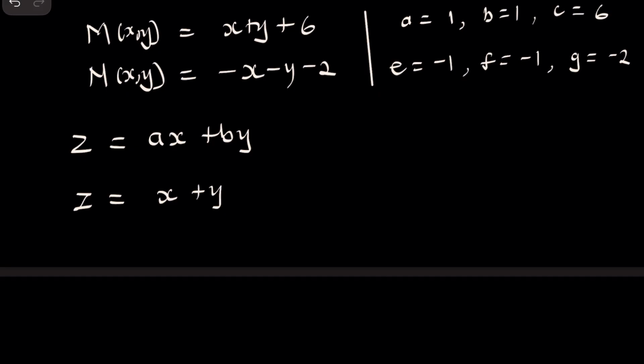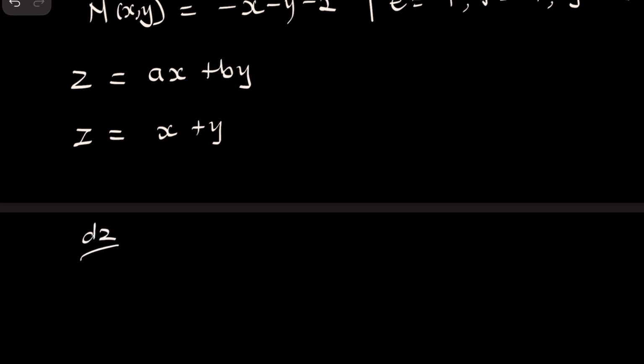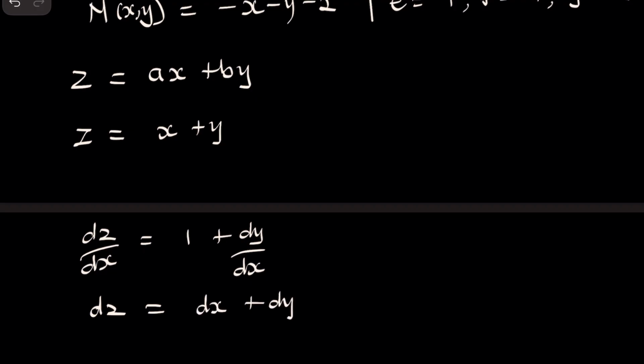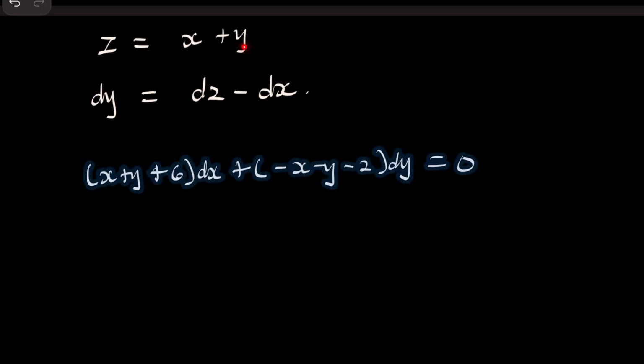Now let's compute dz/dx. The dz/dx is giving us 1 + dy/dx, and so we have dz = dx + dy. Hence dy = dz - dx. We now substitute z = x + y and dy = dz - dx into the given differential equation.